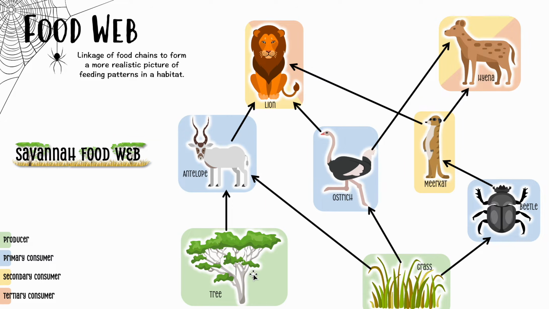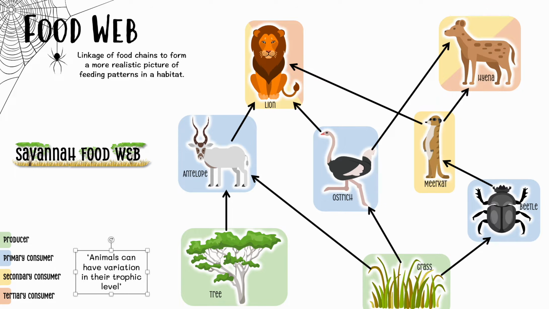Look, one food chain in this food web is the antelope eating the tree and the lion eating the antelope. Another example can be the antelope eating grass and then the lion eating the antelope. Okay, there are many combinations. Now what I want to show you here, I want to emphasize this part: animals can have variation in their trophic level.